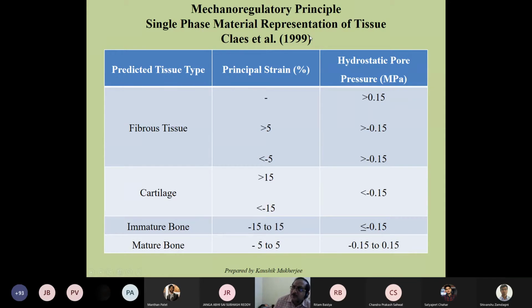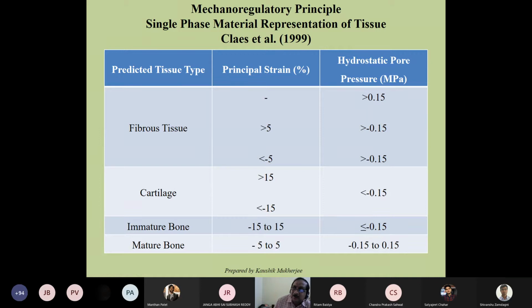There is a group from the University of Ulm, plus the Charité in Berlin. There are very strong groups who have been continuously working for decades on bone regeneration models.